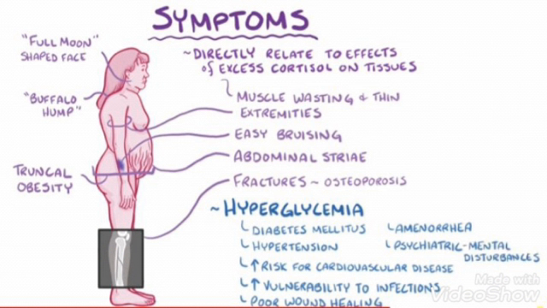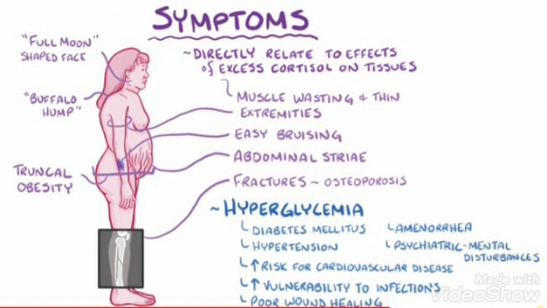Other symptoms are buffalo hump, full moon shaped face, truncal obesity, and presence of abdominal striae. There will be muscle wasting and thin extremities that is directly related to the effects of excess cortisol on tissues. Skin will get dry and easy bruising will occur. The bones will become weak and prone to fractures, that is osteoporosis.